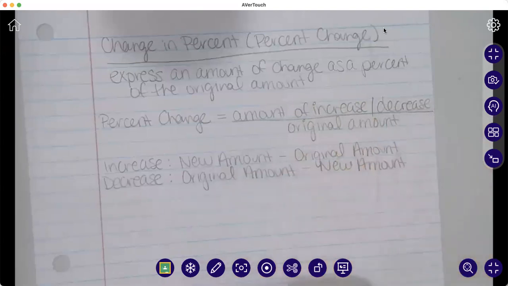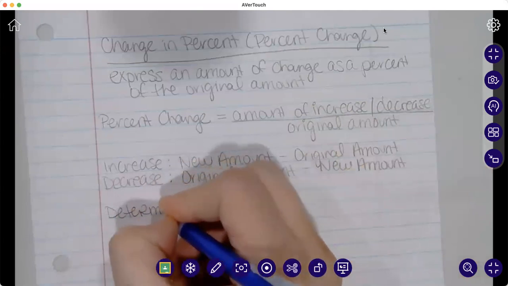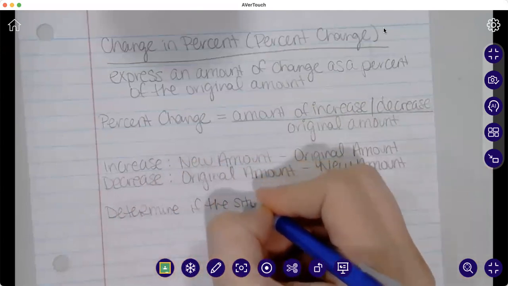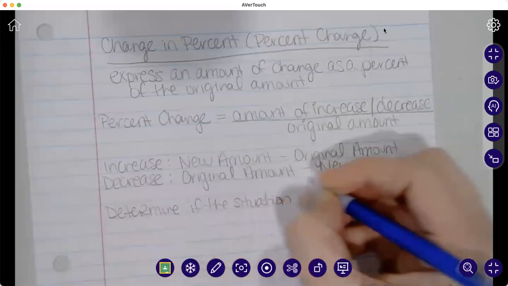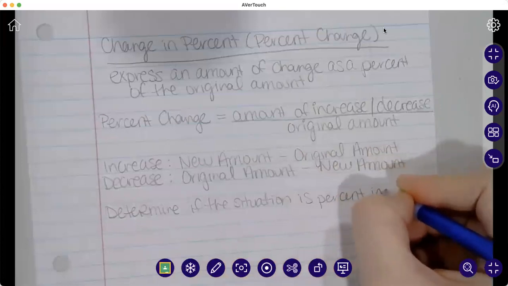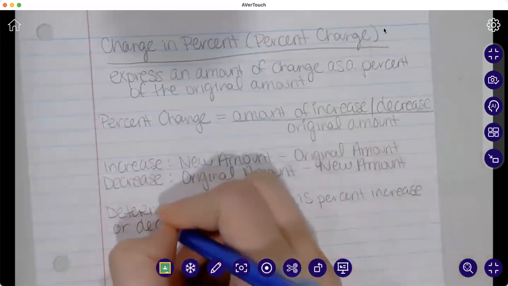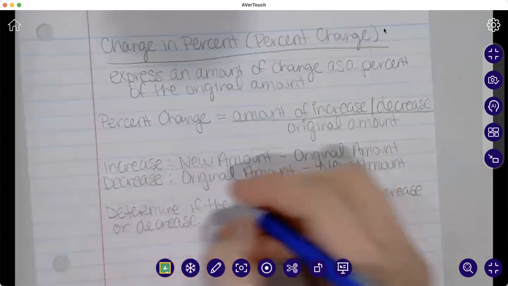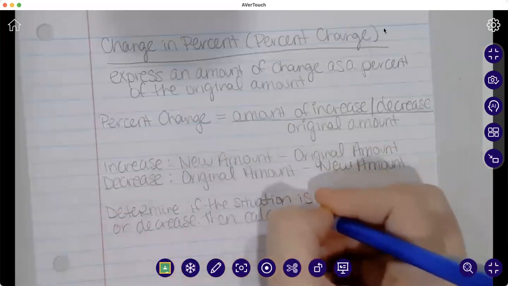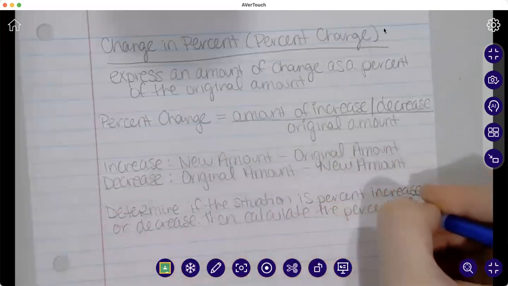So the instructions are to determine if the situation is percent increase or decrease, then calculate the percent of change.